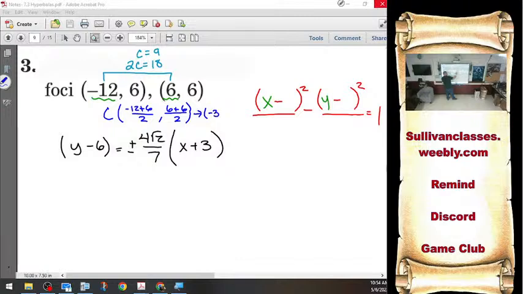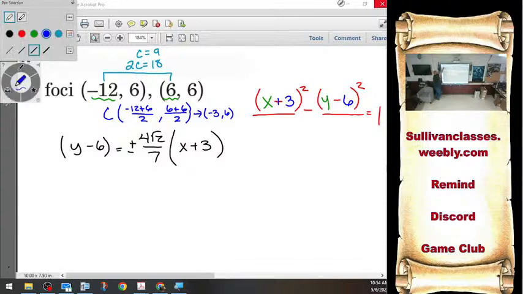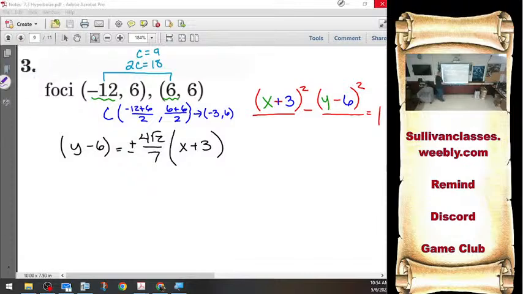Okay, midpoint. -3, 6. We're good so far. I changed it. Why? So, will my slope be A over B or B over A?